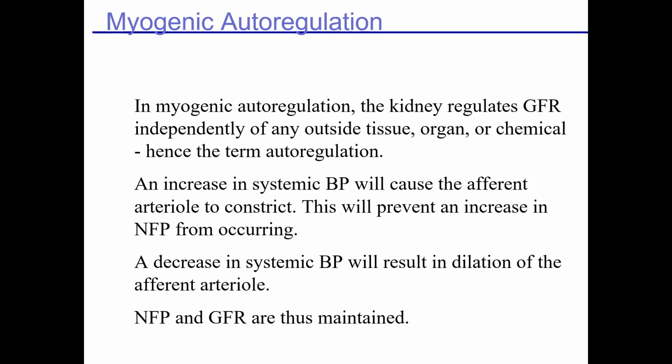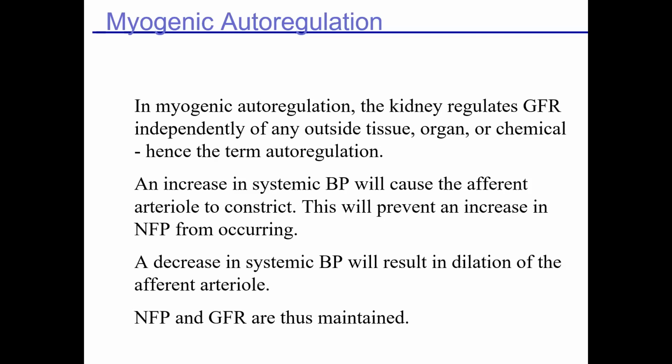You'd have a greater net filtration pressure. We don't want that. We want to keep that net filtration pressure right about 10 millimeters. So we constrict the afferent arteriole, we reduce the size of it, we reduce the amount of blood coming through, and we keep our pressure constant in here.